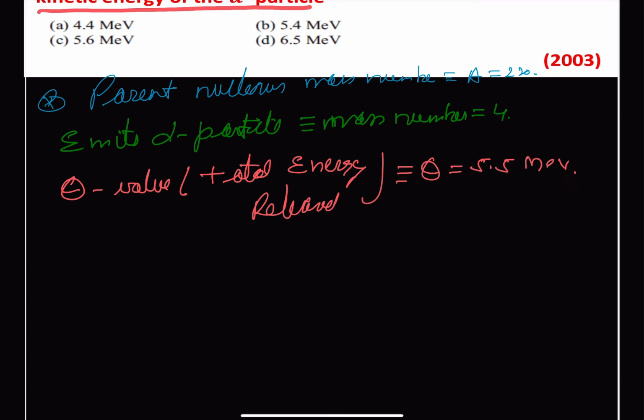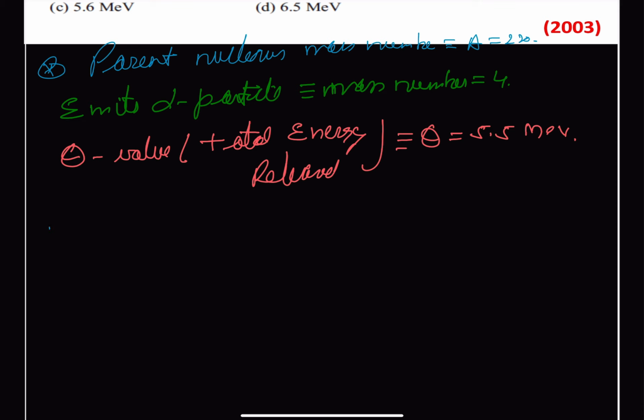It says that initially the parent nucleus is at rest. So the parent nucleus is going to emit an alpha particle, that is, parent nucleus gives daughter nucleus plus alpha particle.